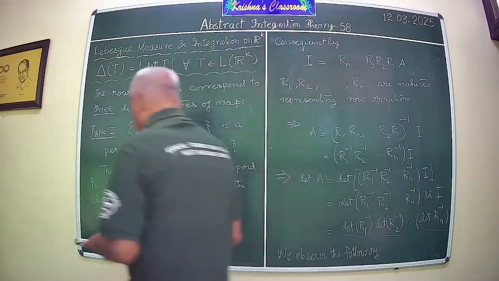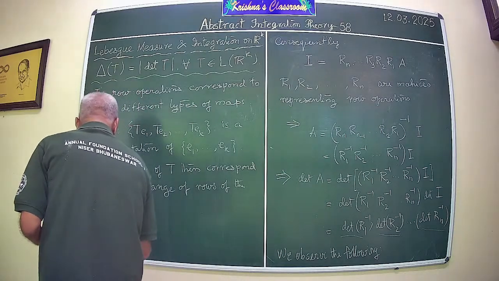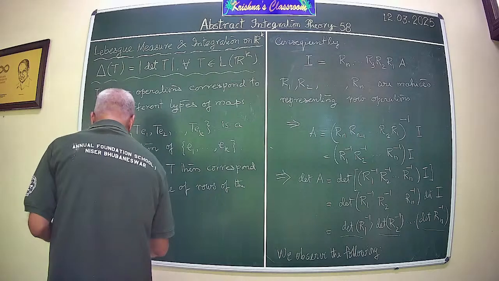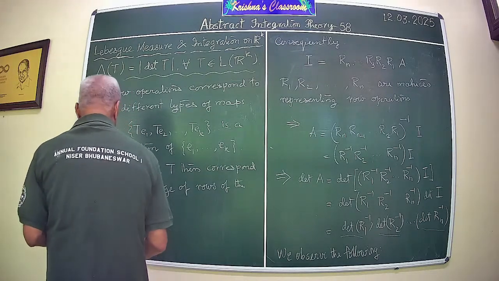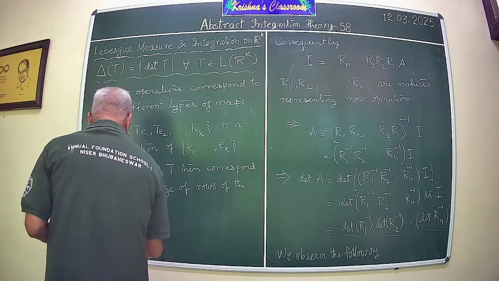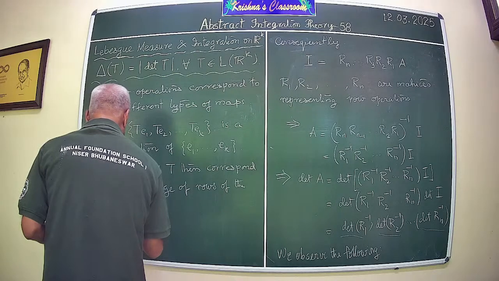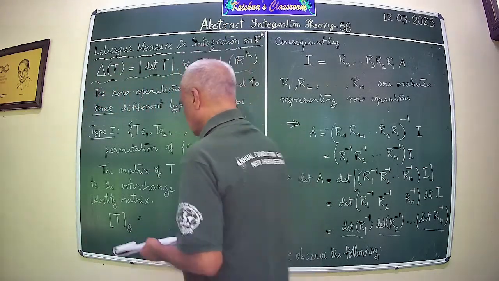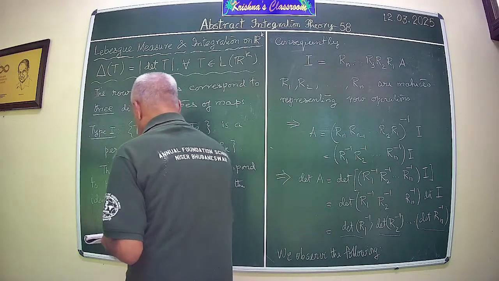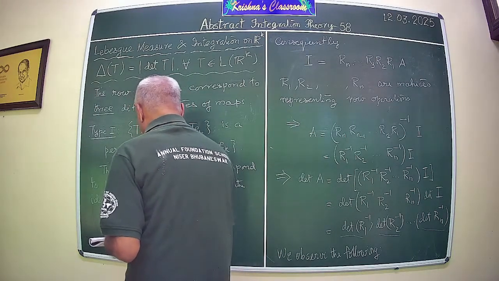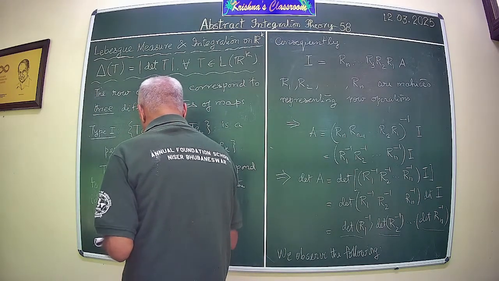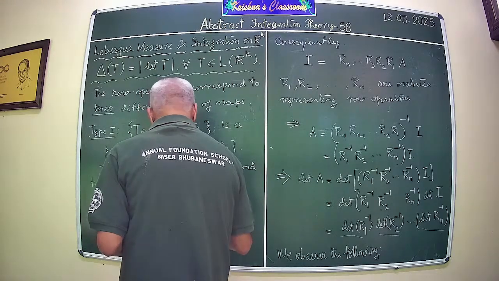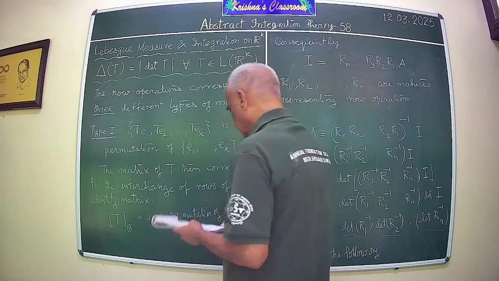Then you see that T with respect to B, where B is the standard basis, is a row permutation of the identity matrix.